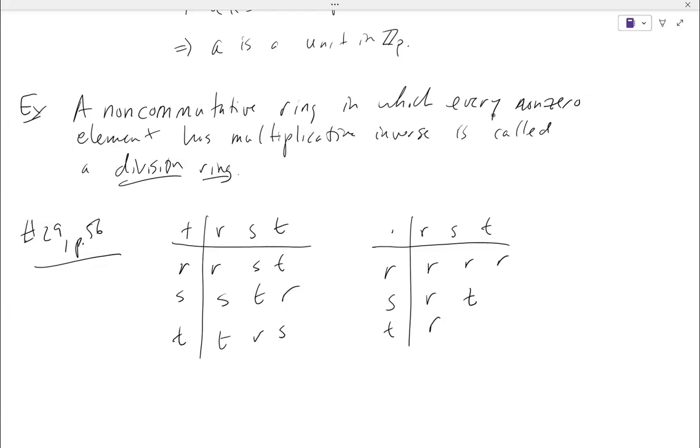So notice that they don't give you what S times T is, they don't give you what T times S is, and they don't give you what T times T is. And they ask you to fill out the rest of the tables.